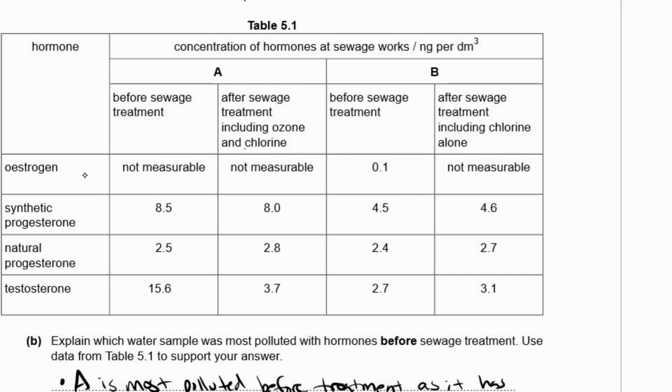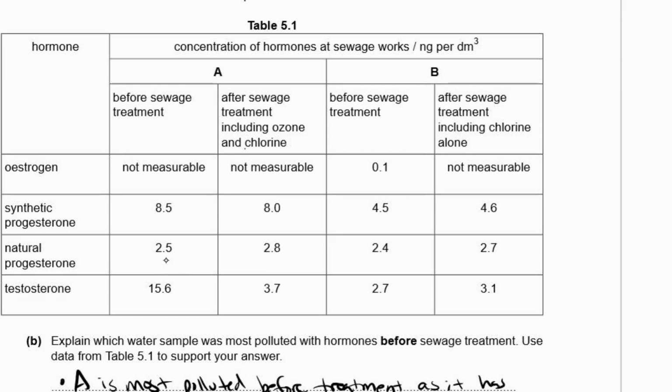So if we look at estrogen before and after treatment, well, obviously sewage work at A made no difference because it was not measurable in either one, but in B it reduced it a bit. And if we look at progesterone, it decreased it when there was ozone, but it didn't really decrease it without ozone. Either there was very little effect, or it went up. It could just be a difficulty with measuring it.